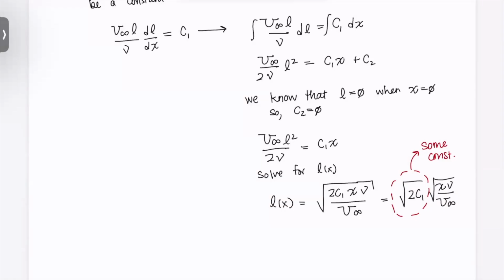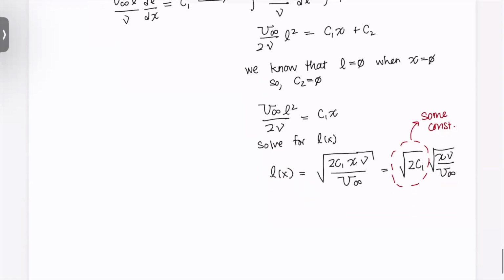So it's just some arbitrary constant, which means that our function L of x is proportional to, I'm going to call this constant b because it doesn't matter now, b times the square root of x times nu over U infinity.